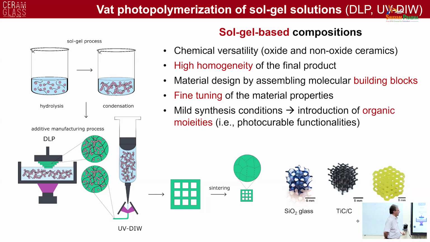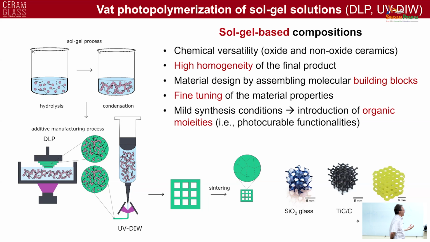We've been working with the company Swarovski for generating high refractive index glass. And we have a project where we need to develop parts that have a specific application in the nuclear physics field. So we are developing carbide components. The sol gel based approach has a lot of interesting advantages.